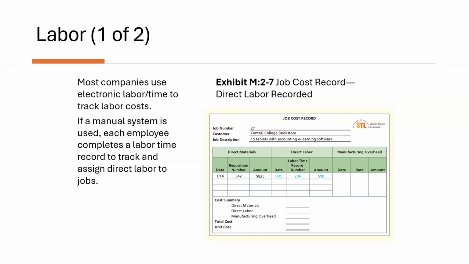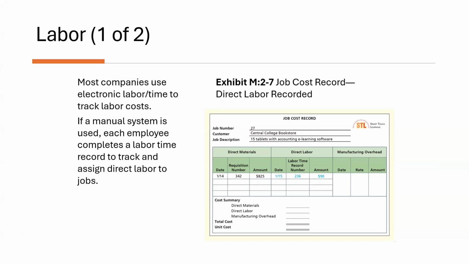Here you see in Exhibit 2.7, it shows the job cost record for job 27. It shows the cost for job 27. Direct labor costs are assigned to the job based on labor time records. Now, most companies use electronic labor time records to streamline the tracking of their labor costs.